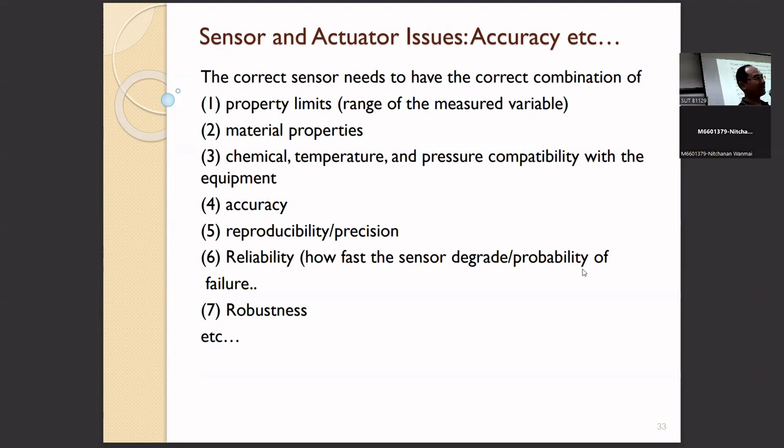How long can it be used before it declines? And the last one that is quite important also is robustness. Robustness. If you read some paper that reports the technique, the technique that you use to measure the concentration, for example. Like yesterday, I reviewed some paper.